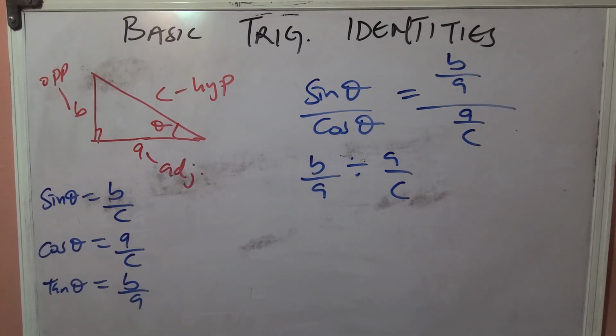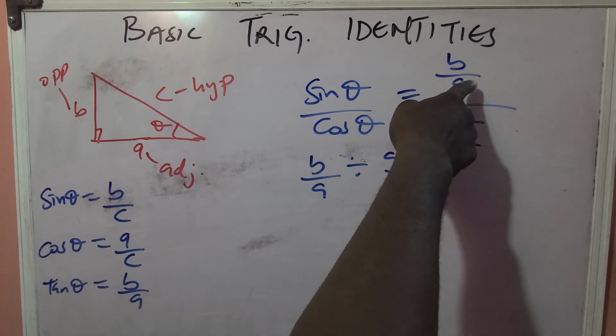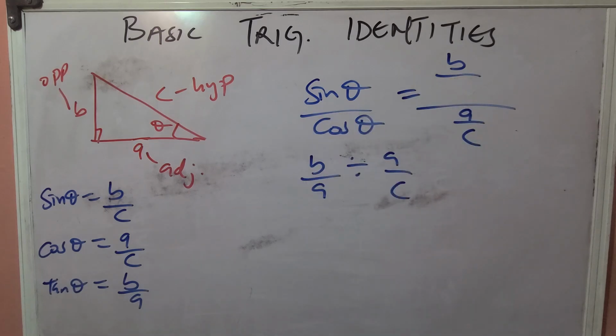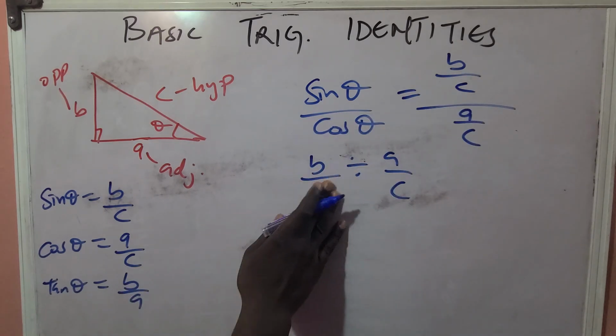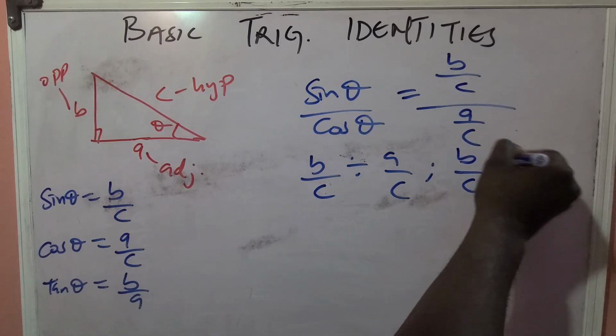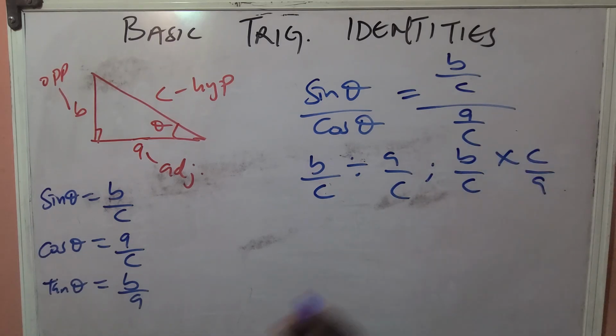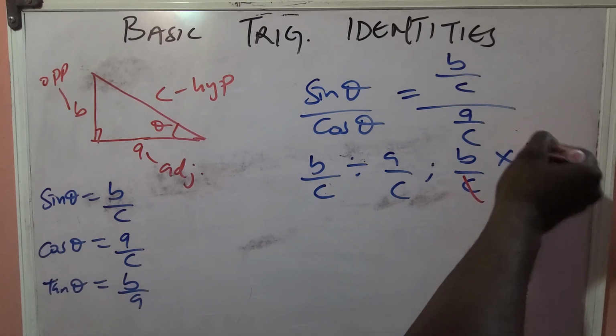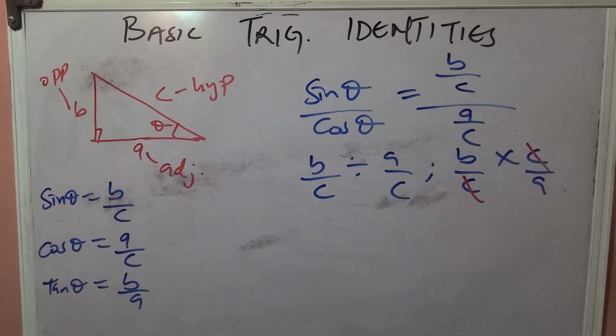And I think the sine of an angle is not B over A, it's actually B over C. Sorry for that. So we have B over C multiplied by C over A. Then the C can cancel C, and we'll be left with B over A.